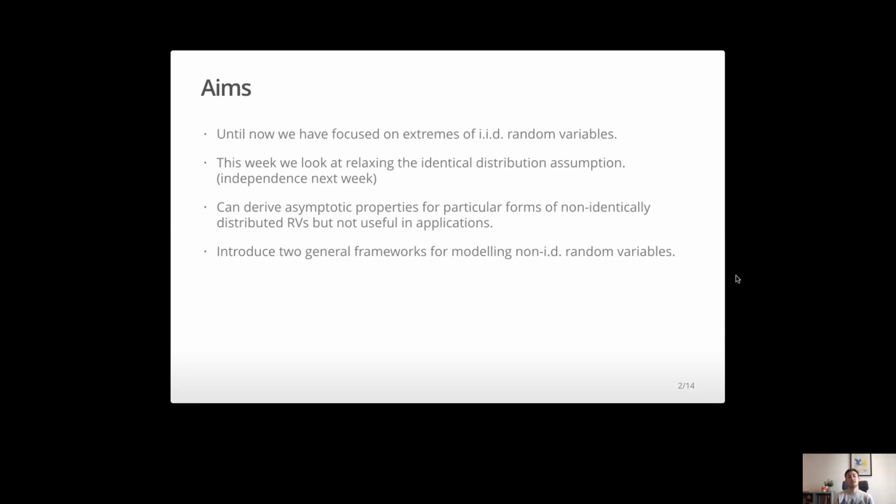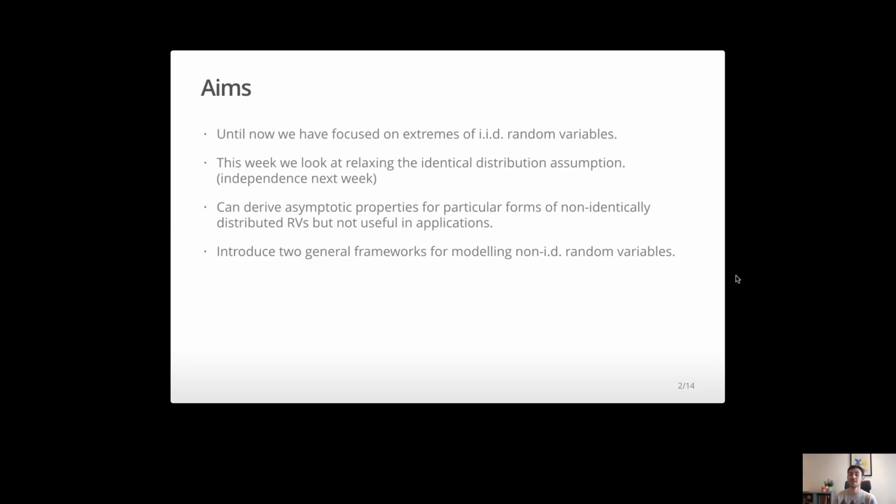One approach to tackling this modelling problem might be to consider particular marginal distributions for each of the random variables x1, x2, and so on, and then use these marginal distributions to derive asymptotic properties for the partial maxima in exactly the same way that we have done for IID random variables.